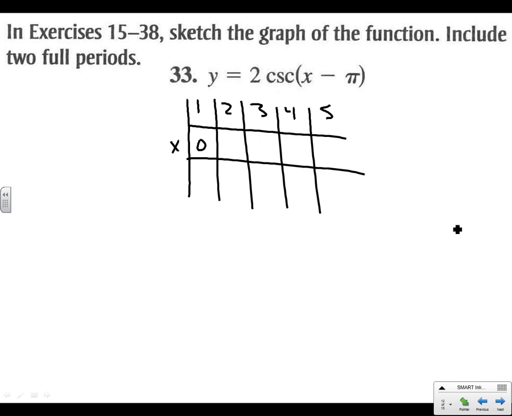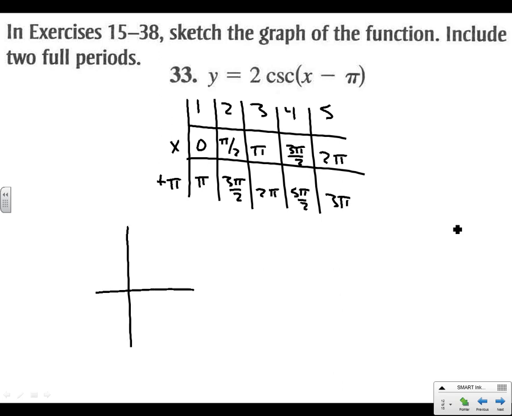X would normally be 0, pi over 2, pi, 3 pi over 2, and 2 pi. We're going to add pi to everything because we're shifted to the right. So we'll start at pi, 3 pi over 2, 2 pi, 5 pi over 2, and 3 pi.